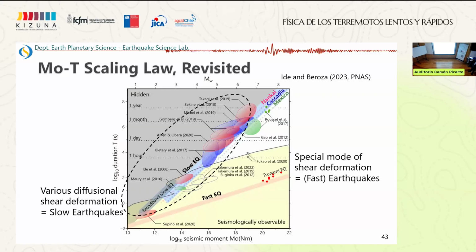And the moment magnitude is around 5. So something around here is the minimum size of a slow slip event, we may say. And below that cannot be observed by GPS. That is only observed by geodetic instruments, strain meters.